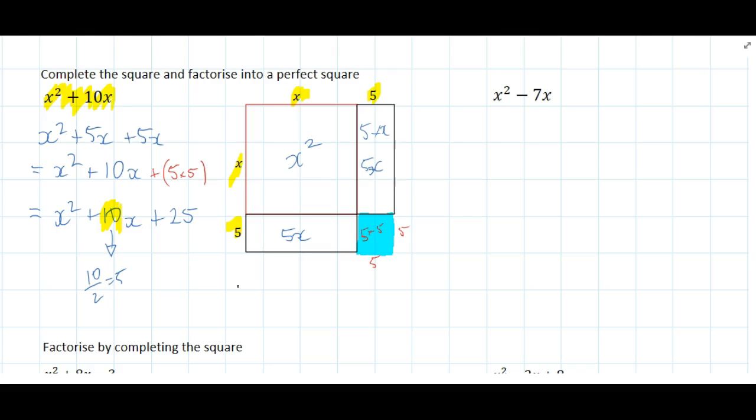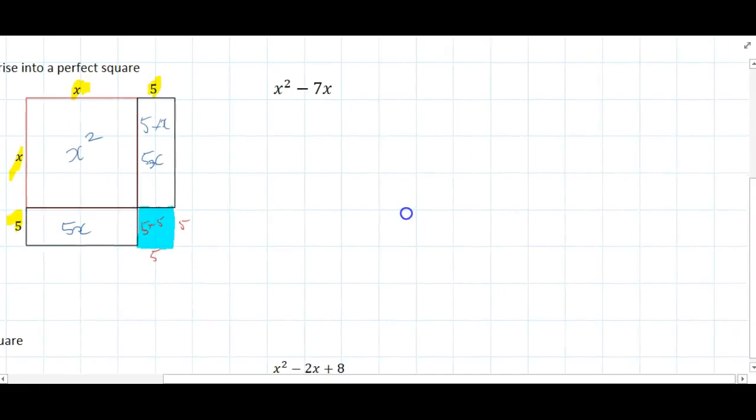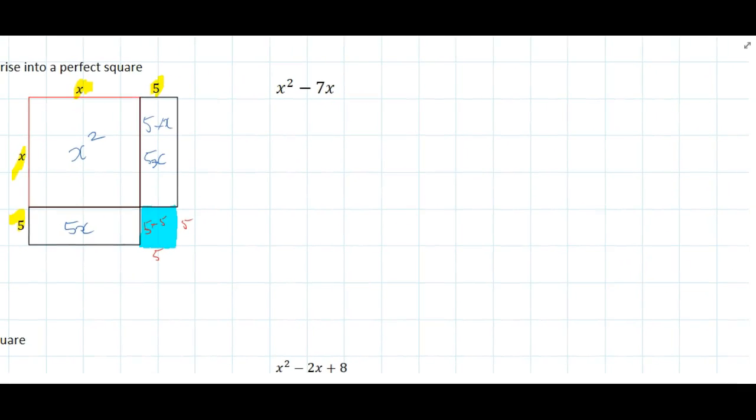We're going to look at x squared minus 7x, and we're going to use the example we did before to visualise it, but without the areas. So what do we have to do to complete the square here? If you remember, we started out calling these ax squared plus bx plus c, just in general.